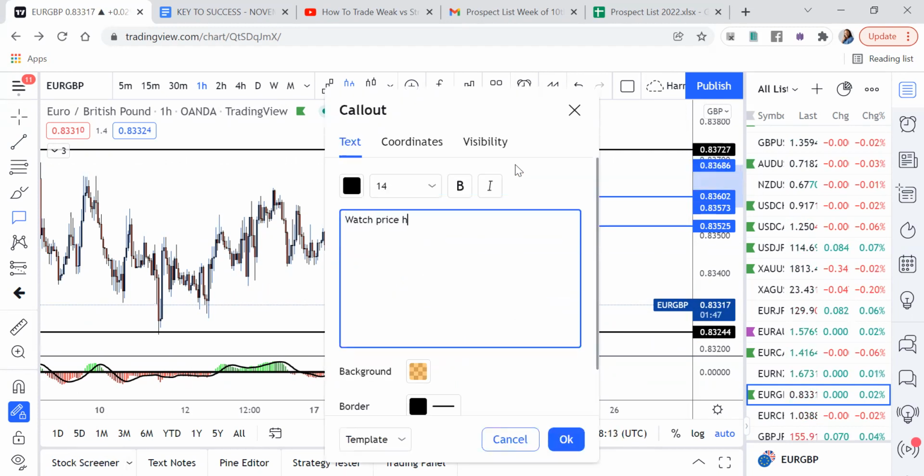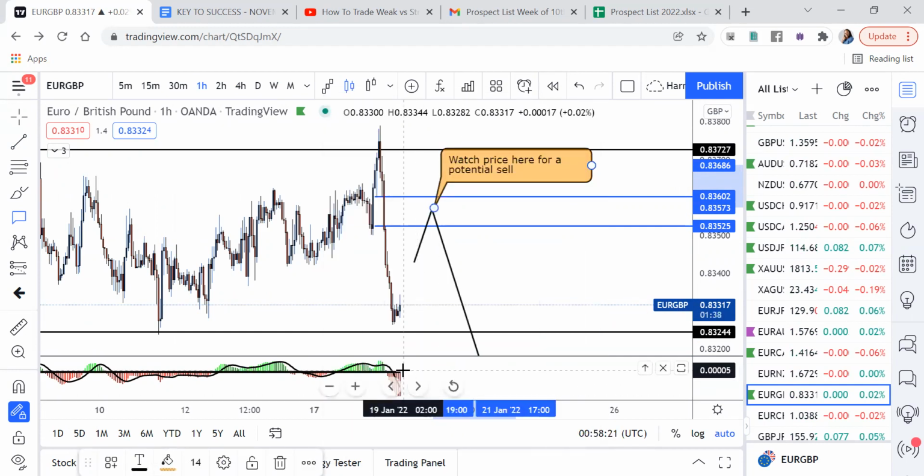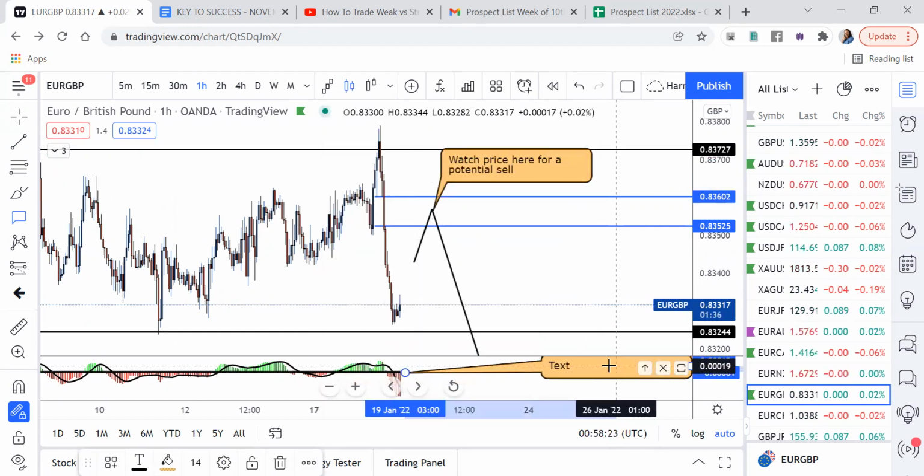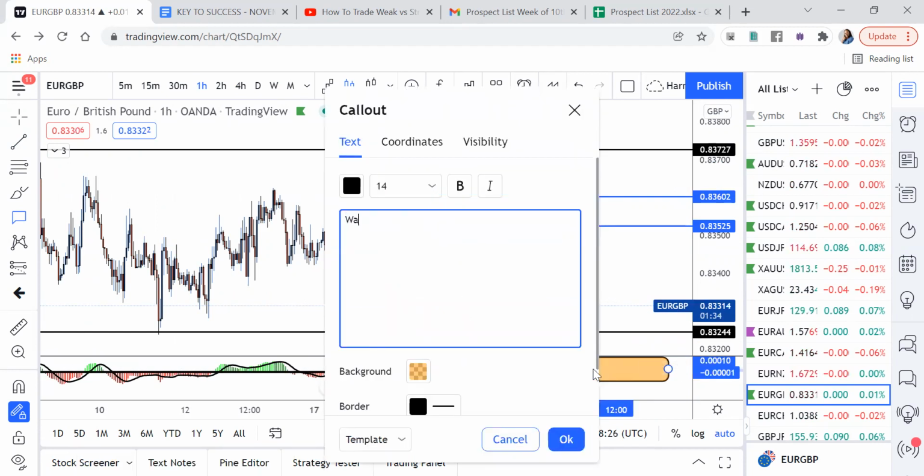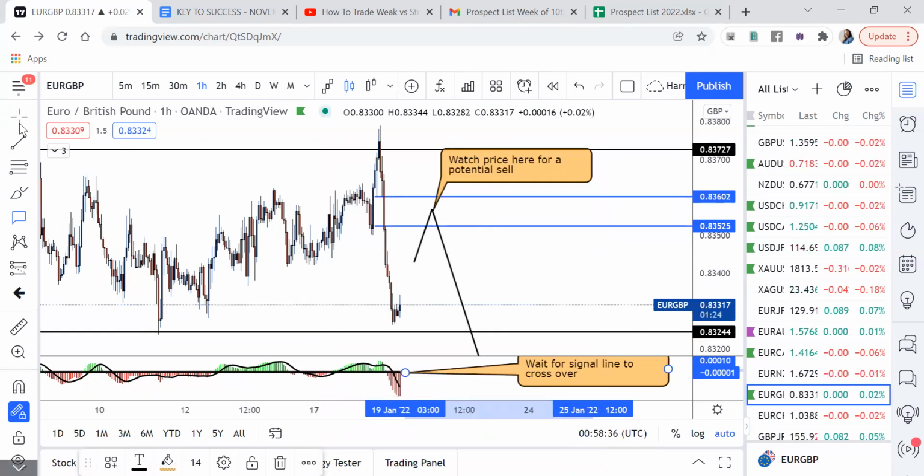Watch price here for potential sell. Now see setup on EG.